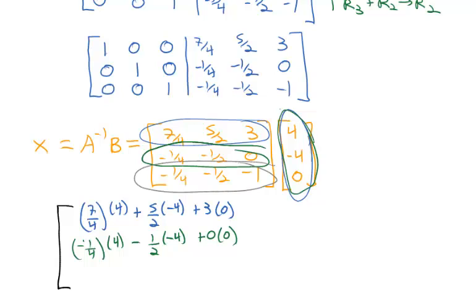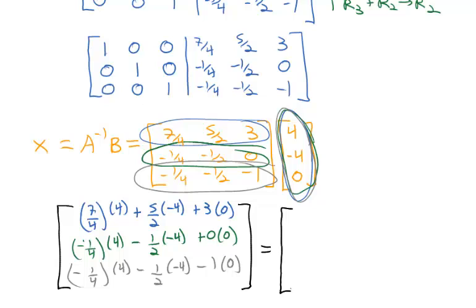And the third row times the column, we have -1/4 times 4 minus 1/2 times -4 minus 1 times 0. And when we do that, what's nice is these 4's divide out all the way down. The -4's over 2 give us -2. That'll help make the math easier.